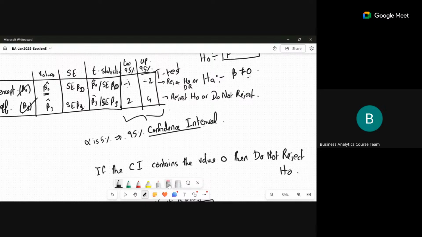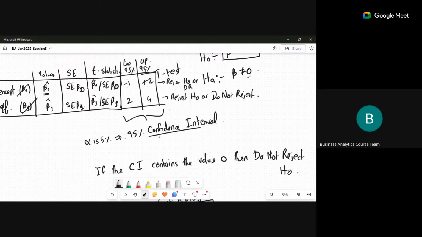But let's say the confidence interval is something like -1 to +2. Now is beta 1 significant or not significant? It contains 0.